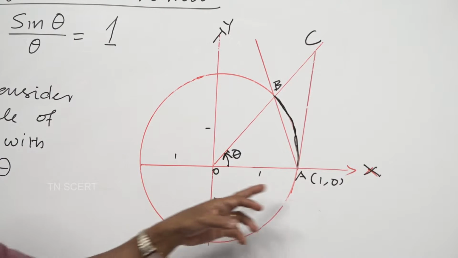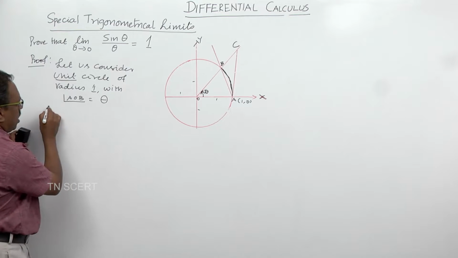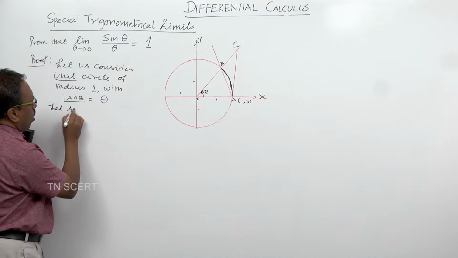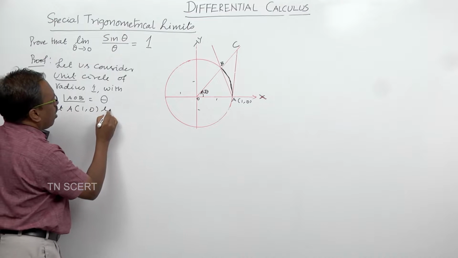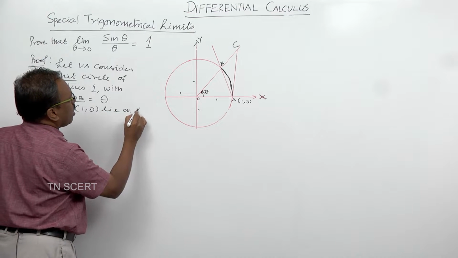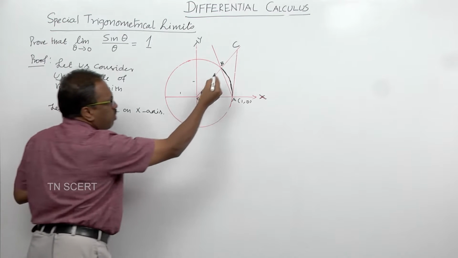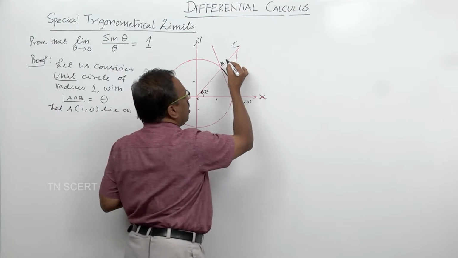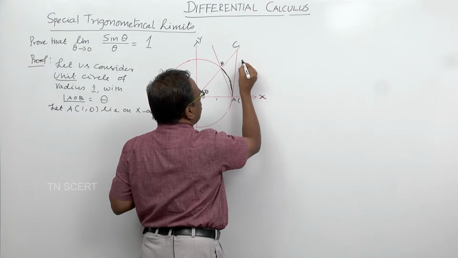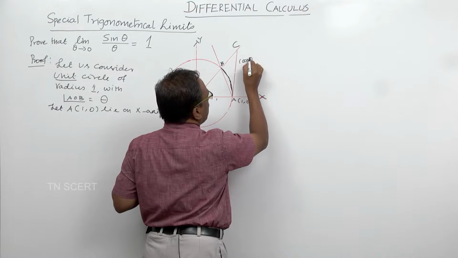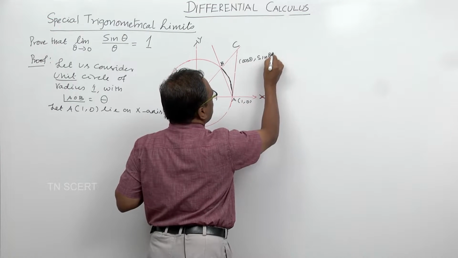Now I have named it, let A of 1 comma 0 lie on the x axis and B is the point. As usual, you know this representation, the B coordinate I can represent as cos theta comma sin theta.